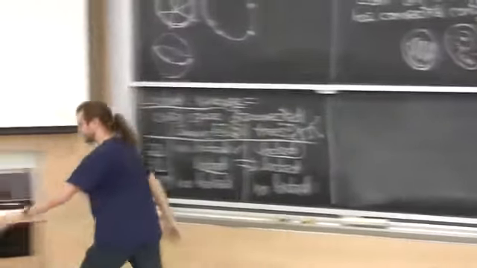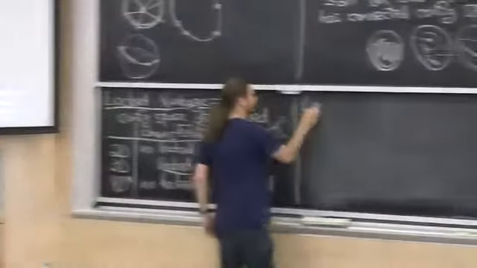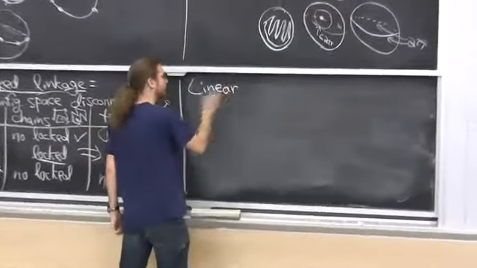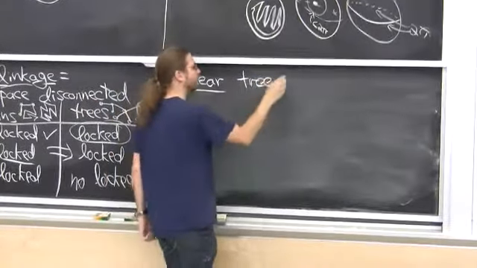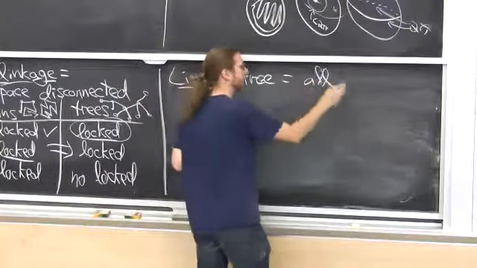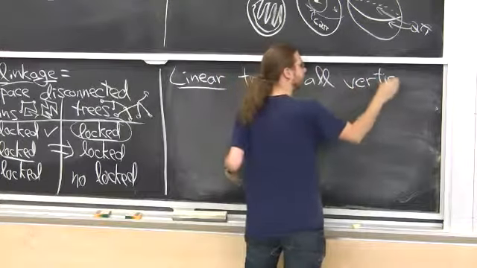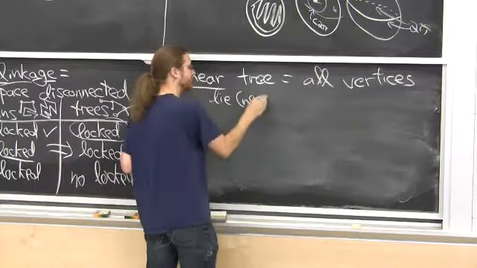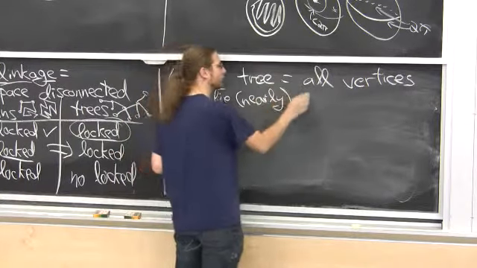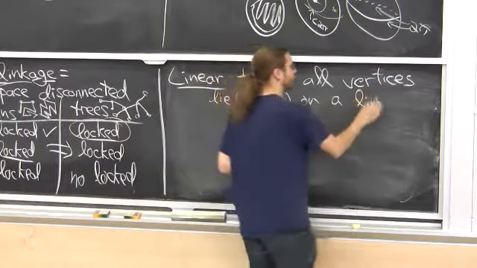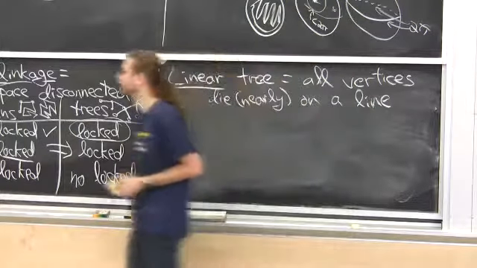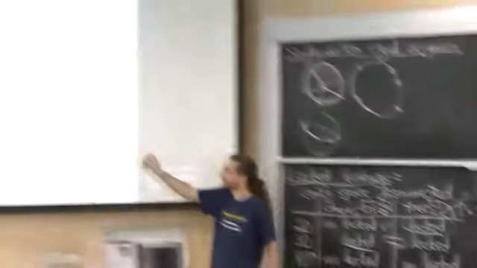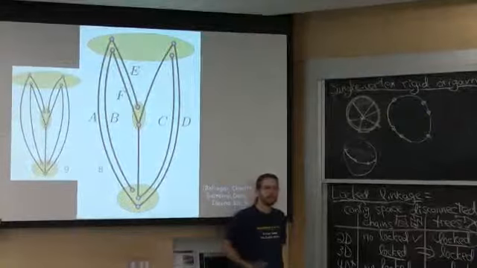And we can actually prove something along those lines. So a linear tree is one where all the vertices lie nearly on a line. So this is a linear locked tree. And we can prove that among all linear locked trees, they must have at least 8 edges.